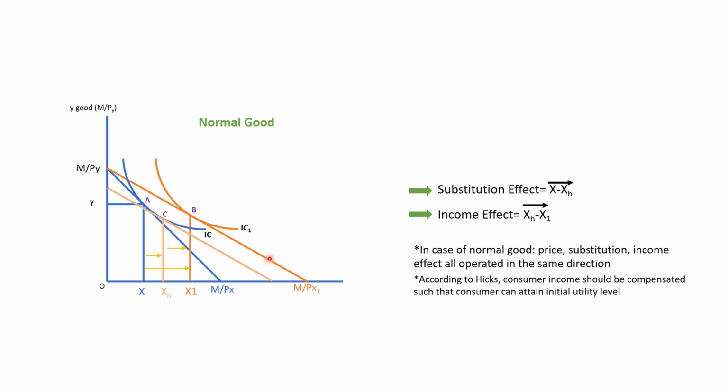And now if we decrease the income to his initial level, we need to parallelly shift the increased income line downward. It should be parallel. See, it should be parallel. It is parallel.